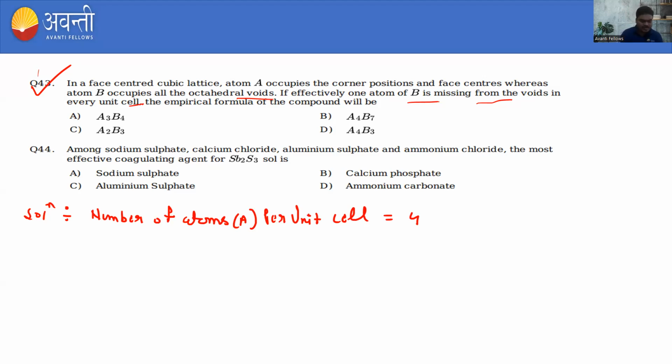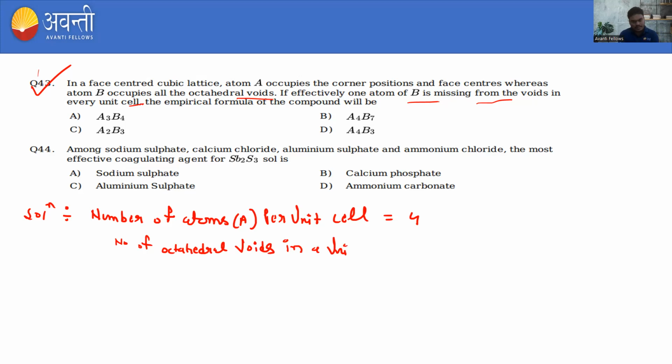Now the number of octahedral voids in the unit cell is equal to the number of atoms in the unit cell.